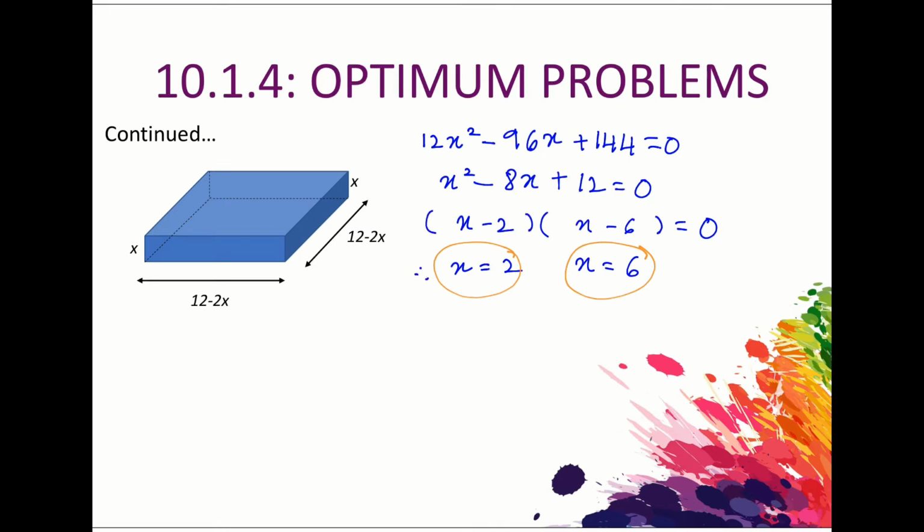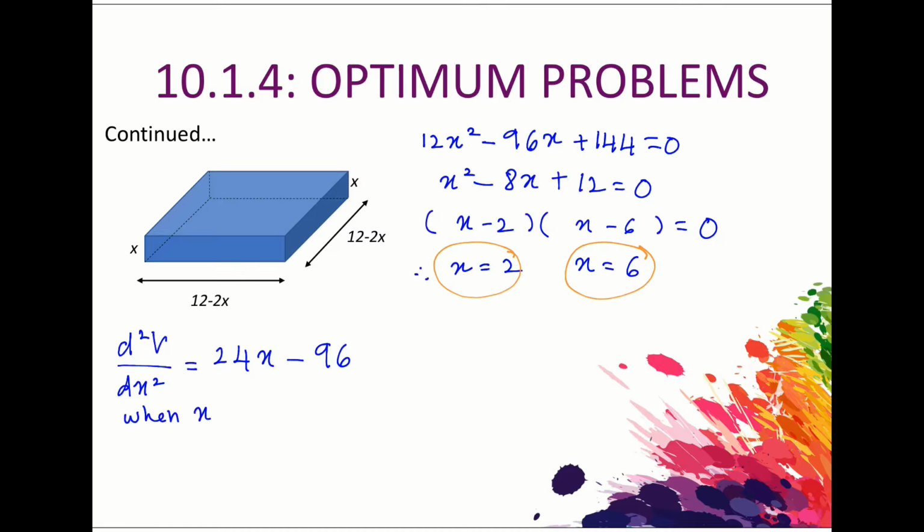So first we need to find the second derivative of V with respect to x, which is equal to 24x minus 96. Then we take the value of x equal to 2.